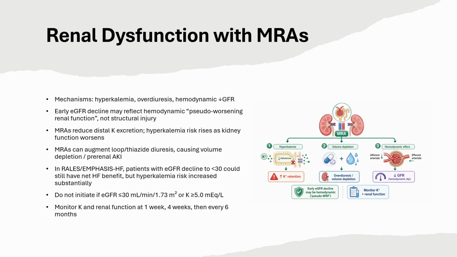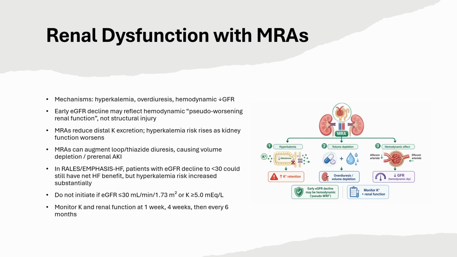What is important to take into consideration is that an early eGFR decline after starting an MRA does not necessarily mean structural kidney injury is occurring, but may be due to hemodynamic changes. Data from a pooled analysis of RALES and EMPHASIS-HF suggest that worsening renal function associated with mineralocorticoid receptor antagonist treatment may have different prognostic implications than spontaneous renal decline.